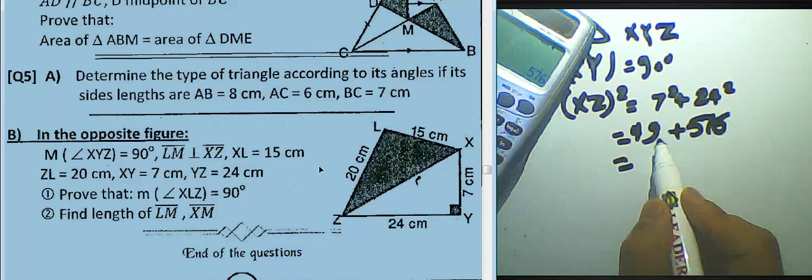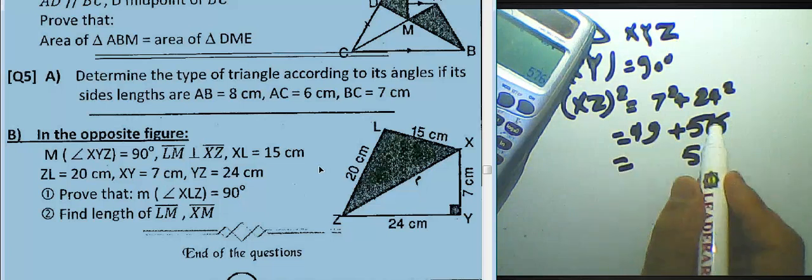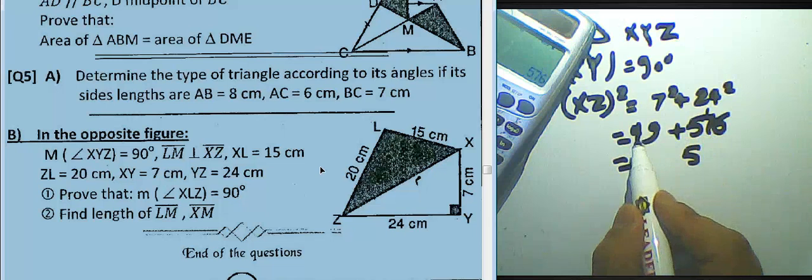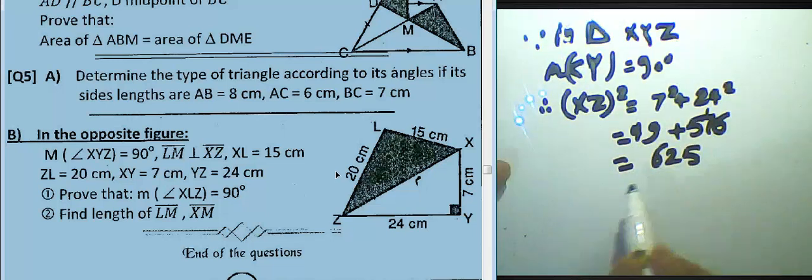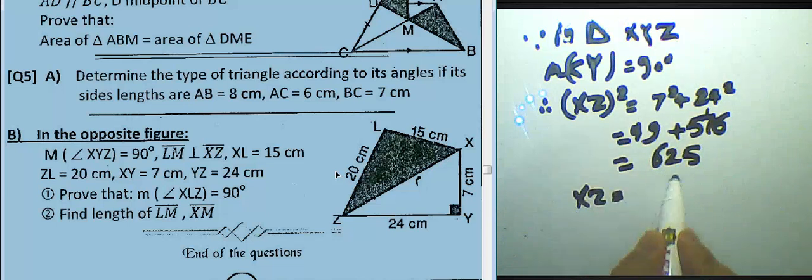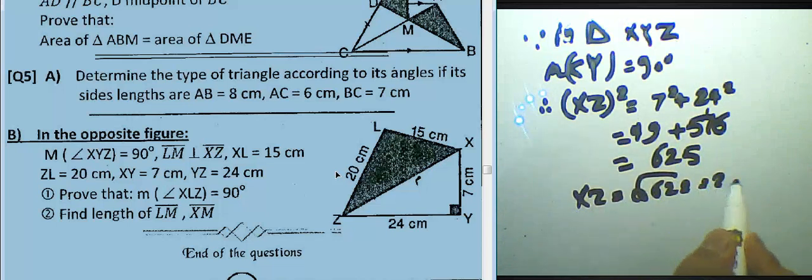We can add them. 6 plus 9 equals 15, 5 and carry 1, 8 plus 4 equals 12, 2 and carry 1, 625. Then we can find XZ equals square root of 625 equals 25 centimeters. Okay, it's XZ.